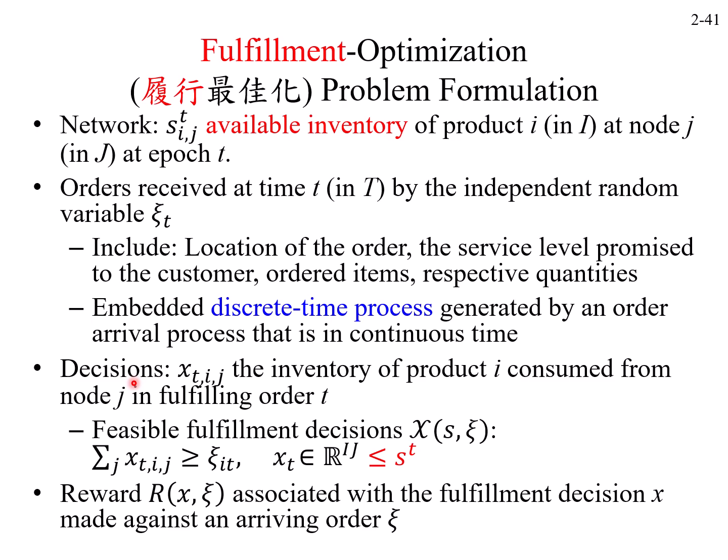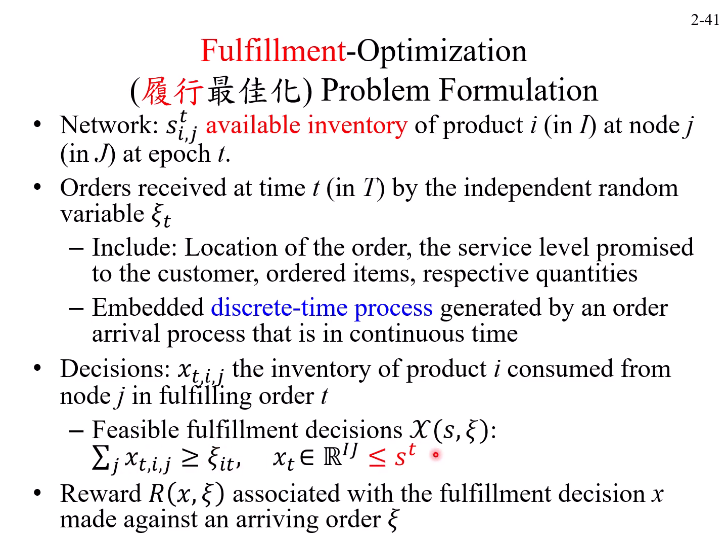So this is the decision, X sub Tij. T is time, I is the product, the inventory consumed from node J. So we need to satisfy some constraints, and this is the demand, right? So we need to satisfy the demand.